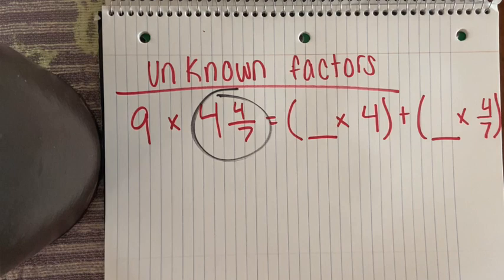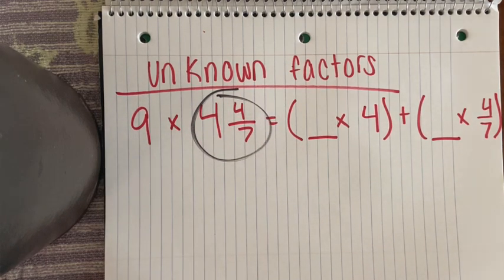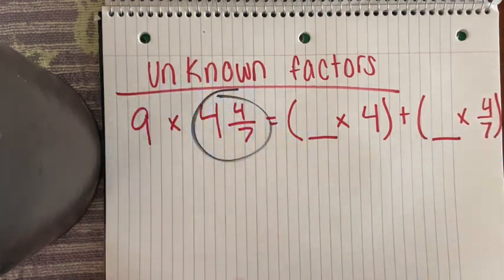And we want to multiply that with our factor, the factor that is multiplying with the 4 and 4/7. So what number have we not used yet in this multiplication sentence that can be applied to both of these brackets?